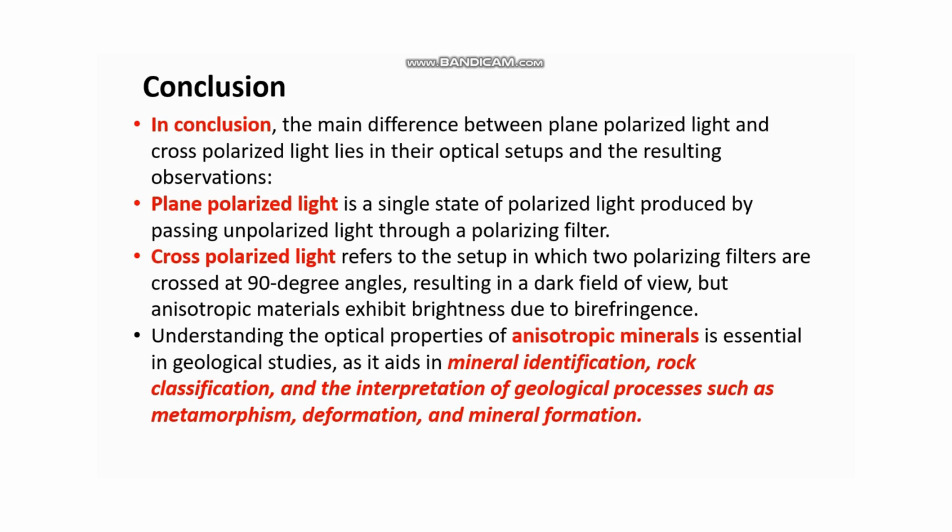Cross-polarized light, on the other hand, refers to the setup in which the two polarizing filters are crossed at 90 degree angles, resulting in a dark field of view.